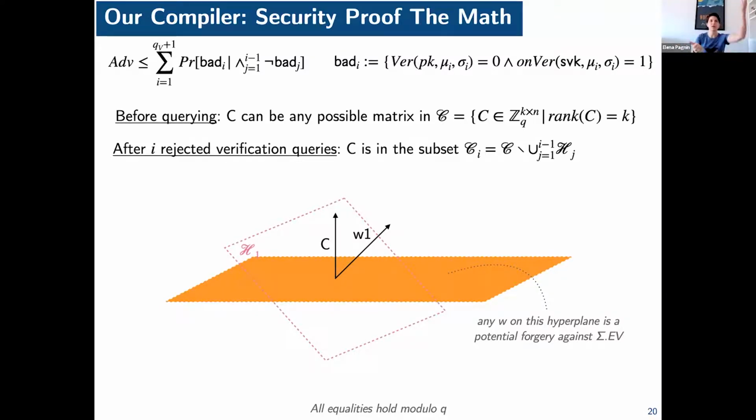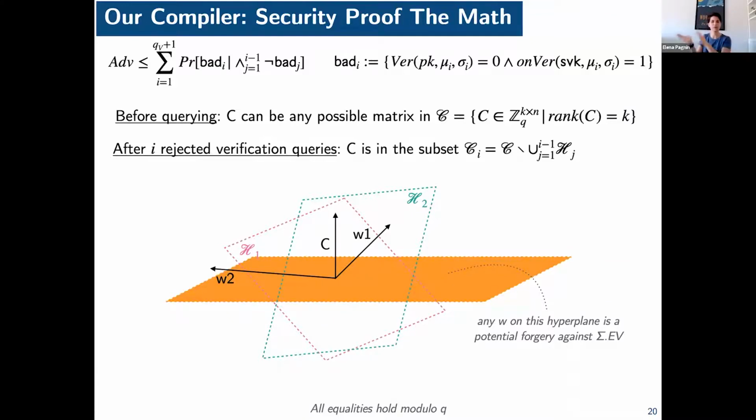But this means that the rows of the matrix C are not all from the hyperplane H1 orthogonal to W1. And again, when I do another query W2, I know that if I'm rejected, then it means that W2 is not orthogonal to C. So the rows of C cannot all lie in the hyperplane that is orthogonal to W2.